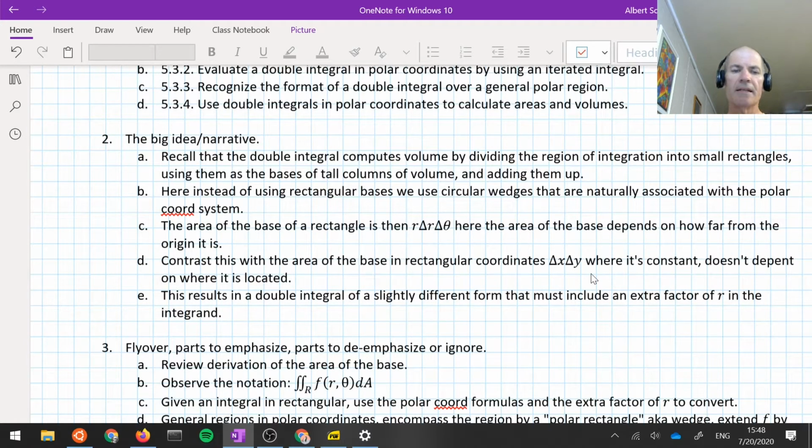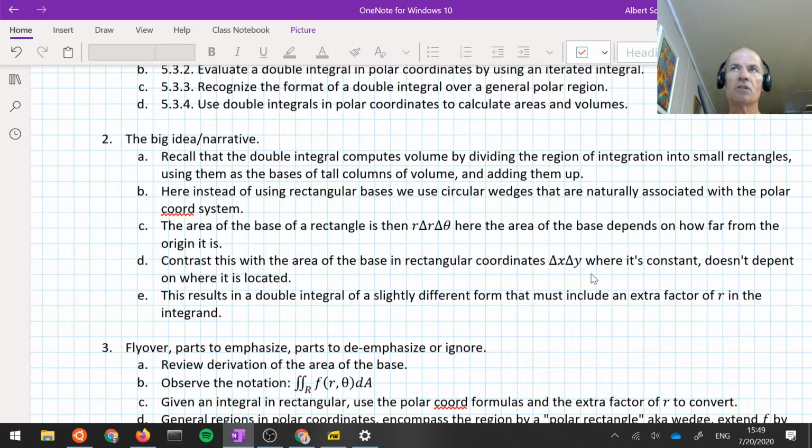The big idea here is that you'll remember that the double integral that we explored in sections 1 and 2 was really just a limiting process where we were summing up columns of volume underneath a surface.